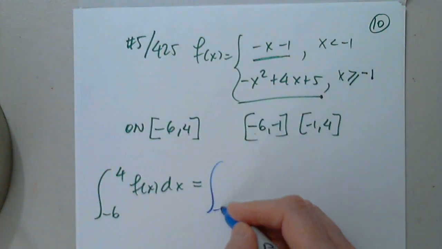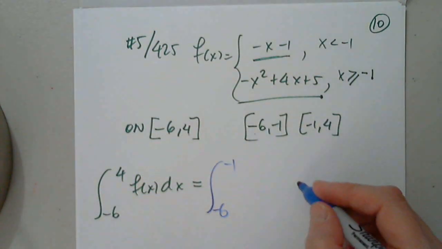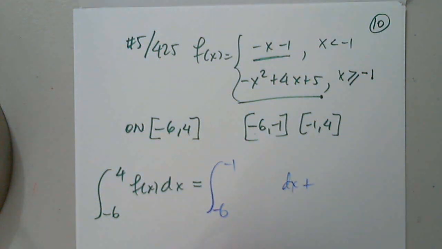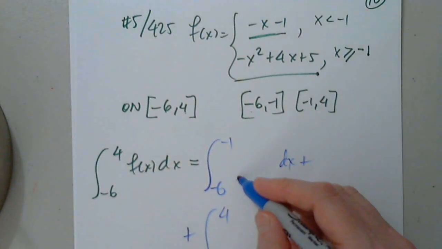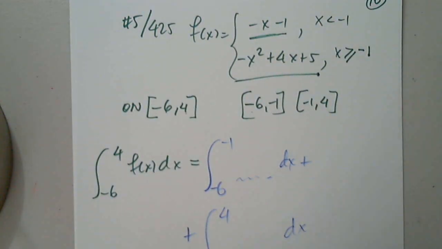So I have the integral from negative 6 to negative 1, dx, plus the integral from negative 1 to 4, dx. What is this from and what is this from?